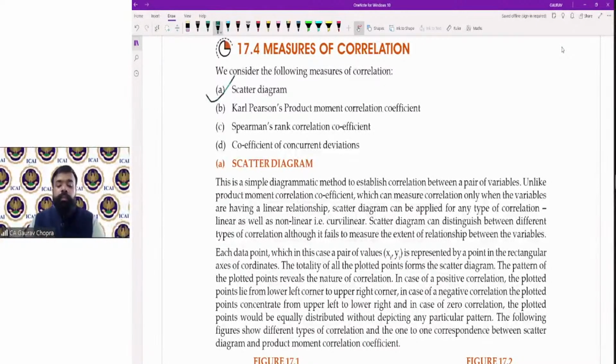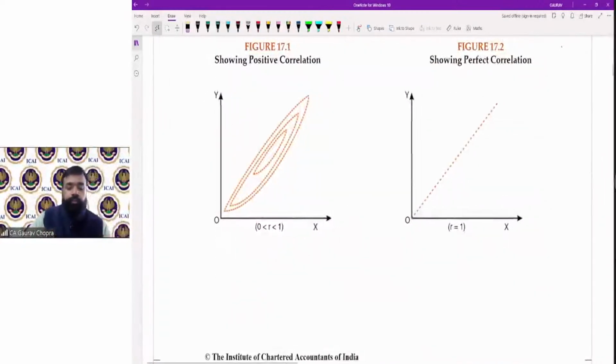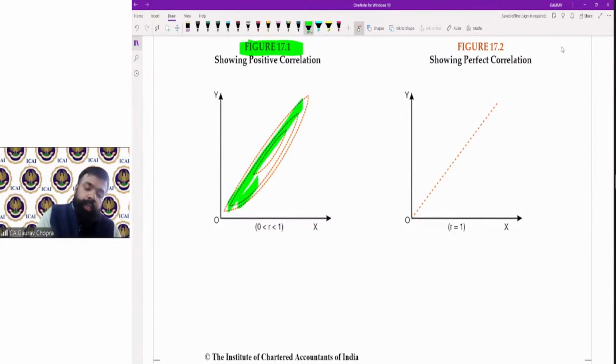Now, this is a simple diagram, and using this, we have to understand whether the correlation is linear or curvilinear. So let us come towards the figure. Yes. Now, if you see the first figure 17.1, it says the pattern is going in upward direction.